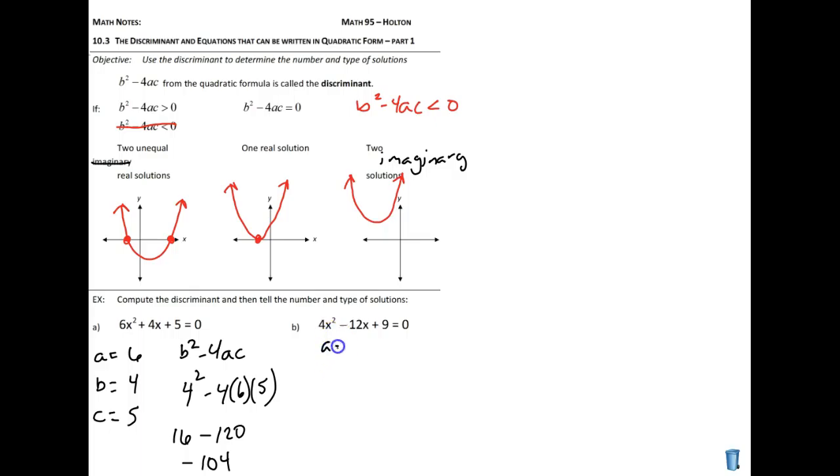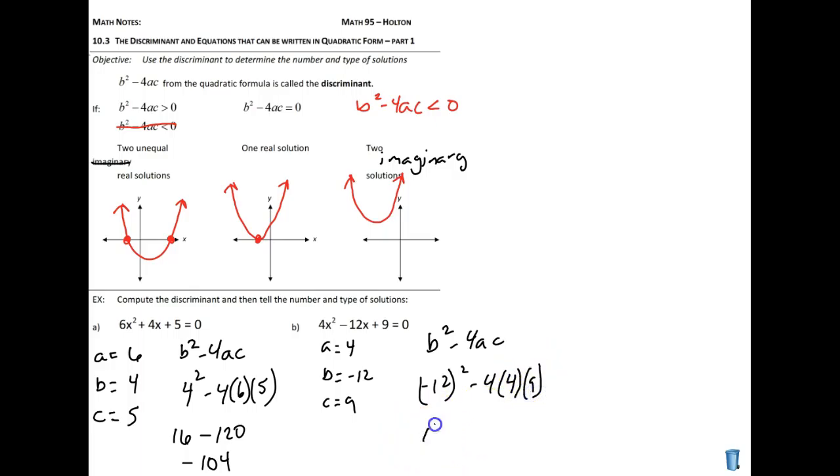Similarly here, a is equal to 4, b is equal to negative 12, and c is equal to 9. So when I do my b squared minus 4ac, what I come up with is negative 12 squared minus 4 times 4 times 9.